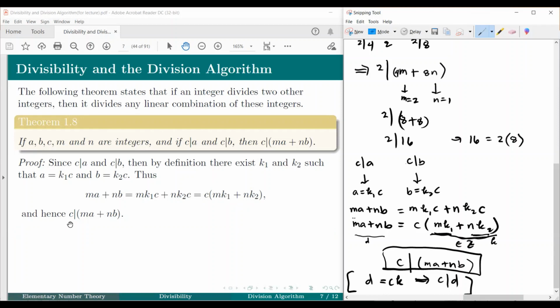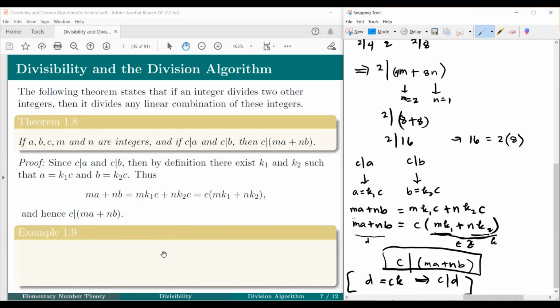We have shown that C divides this linear combination of the integers. For example, here, 2 divides 4 and 2 divides 6. So we can say that for M equals 2 and N equals 3, 2 divides 2 times 4 plus 3 times 6, which implies that 2 divides 26.